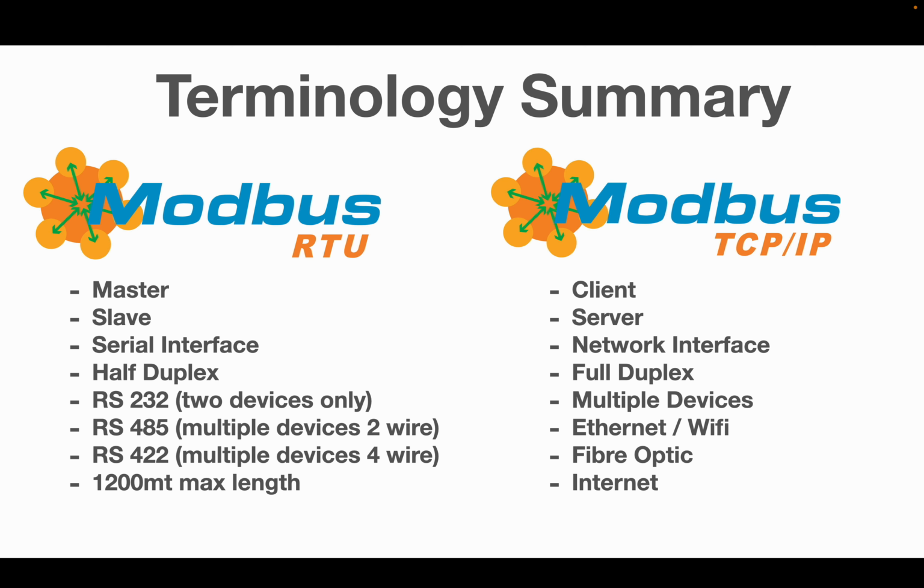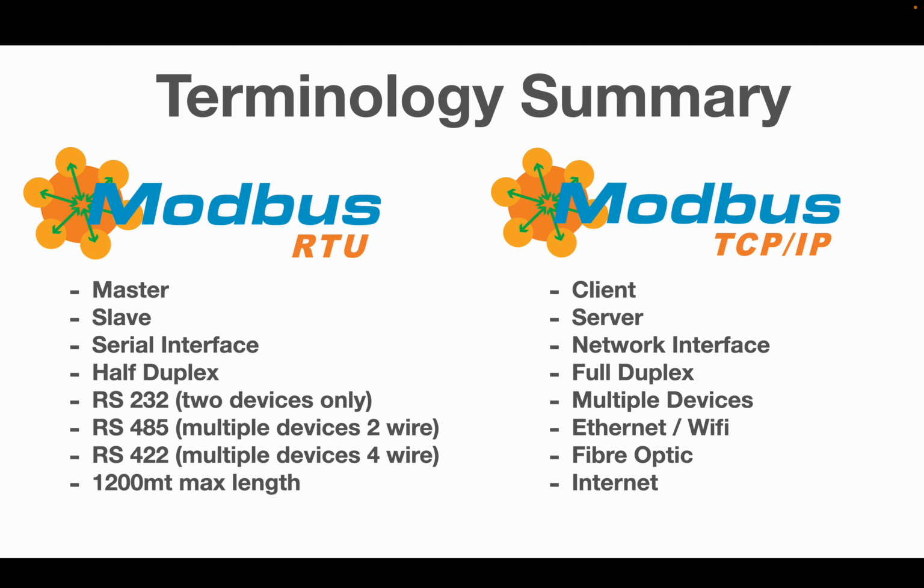On the right hand side, Modbus TCP, we have a client and we have a server. And notice the master in RTU does the same job as the client in TCP. The slave in RTU does the same job as the server in TCP. Normally we have a single master or a single client, and we have multiple slaves or multiple servers.